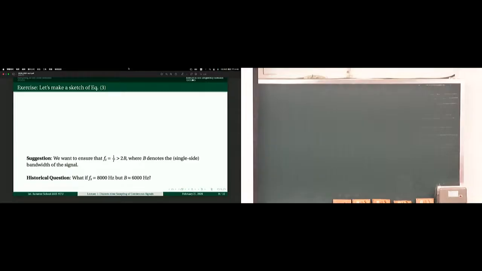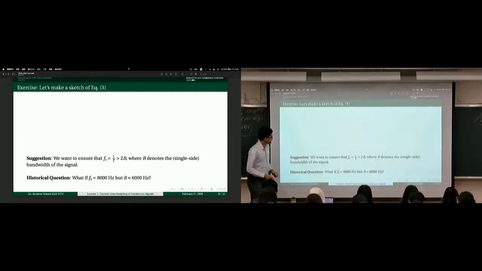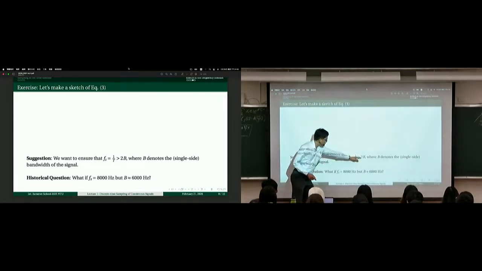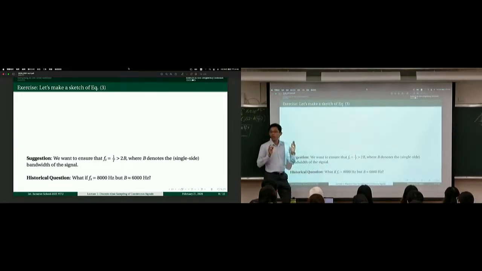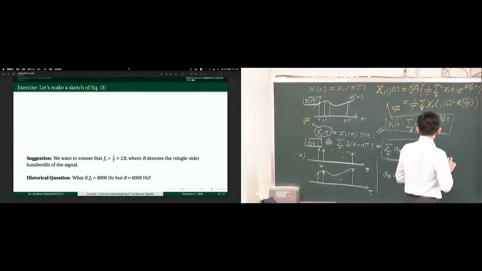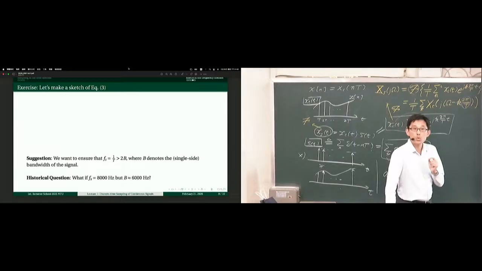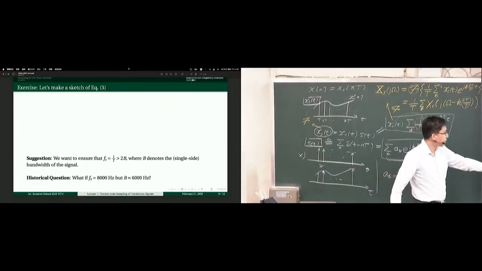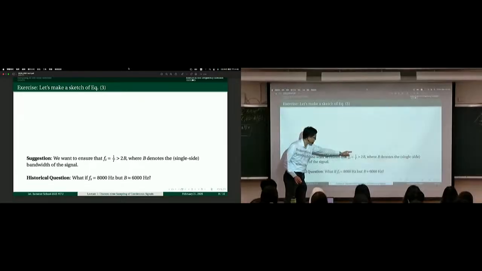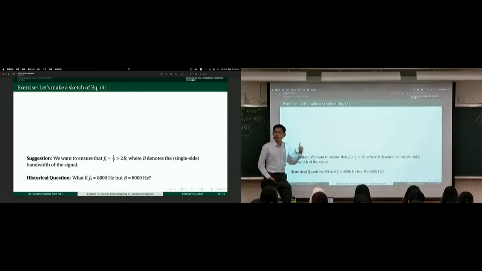Oh, there's a bit of inconsistency, I apologize. When we say B is the bandwidth, I need to be careful, because it matters which unit we're talking about. On this slide, I say the sampling frequency is defined by 1 over T, that's in hertz.